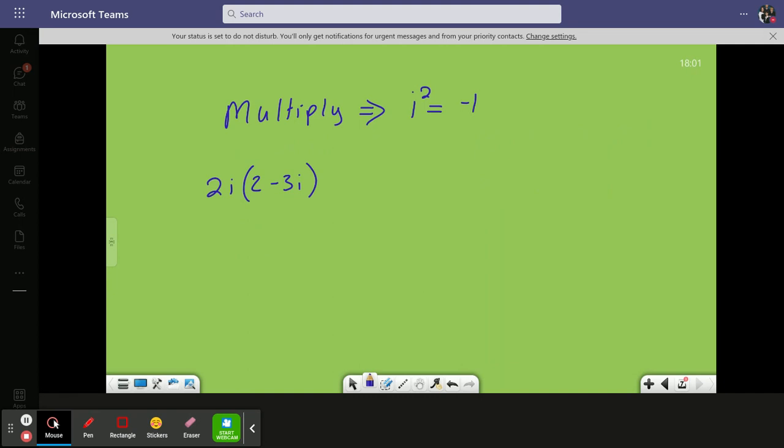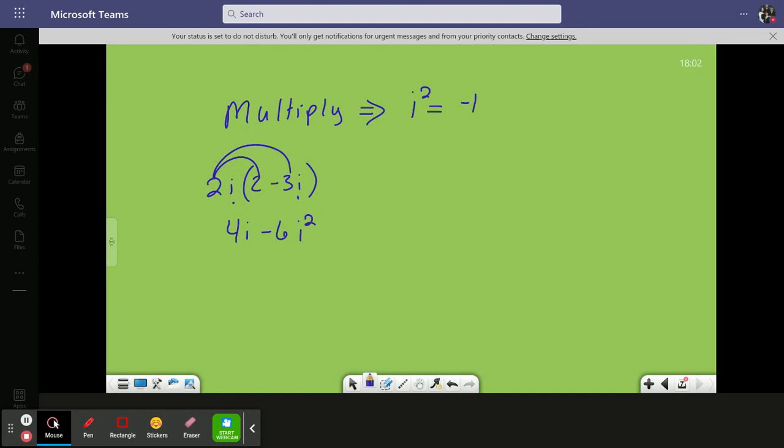When I get here, my first, I'm going to have 4i. When I go after that second one, 2 times negative 3 gives me a negative 6. But I have an i times i here, so that's going to give me a negative 6i squared, right?